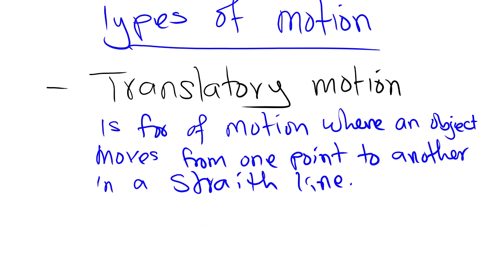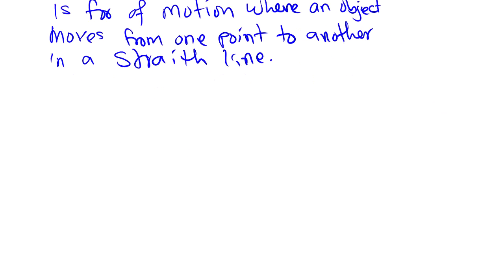An example of translatory motion is when you move from Kano to Katsina. It is translatory motion, even though there are bends, but we can consider it as translatory motion because we are using the resultant. We talked about resultant, displacement, yesterday.